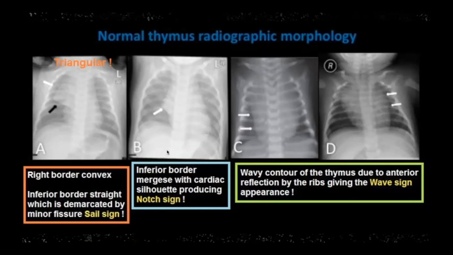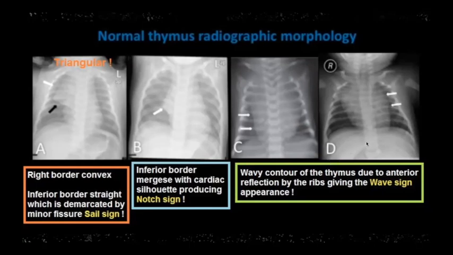On your image B, the inferior border is made up by the notch or the fissure, so there will be a straight line down here. And on image C, we can see that the thymus can be very large and extend until the diaphragm.